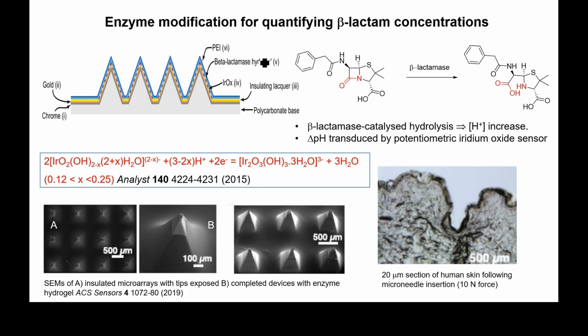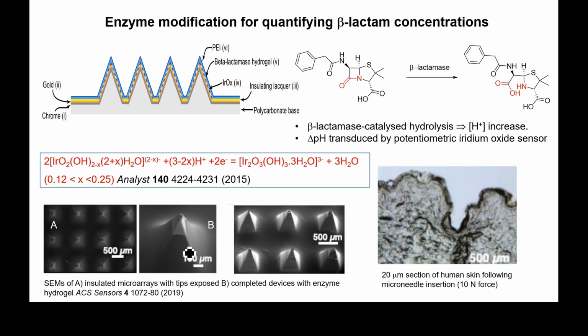And on top of that, we put a gel layer of beta-lactamase, which is selectively catalyzing the hydrolysis of the beta-lactam ring in the penicillins, forming penicilloic acid, which then dissociates, causing a drop in the pH, which we sense with our iridium oxide.